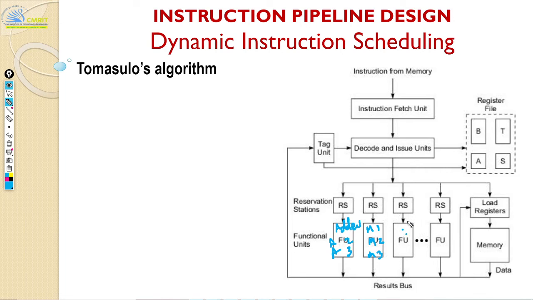You also treat memory like a functional unit. And what you will do is have a reservation station for each of these groups of functional units. There you're going to note down which adder is currently being used by whom, and that is going to be tracked by this tag unit. So that's the idea here.